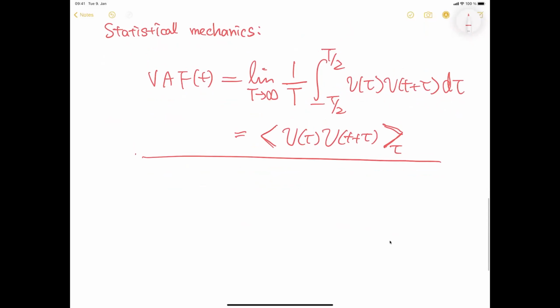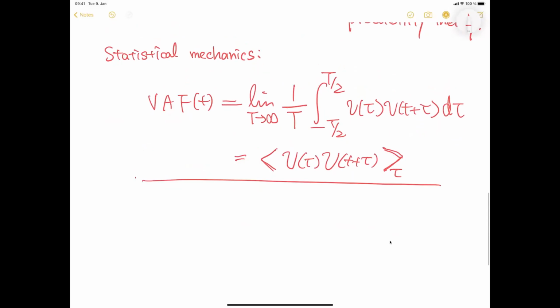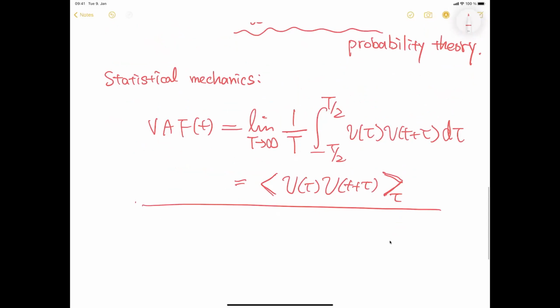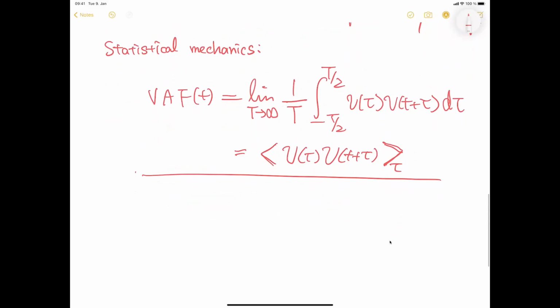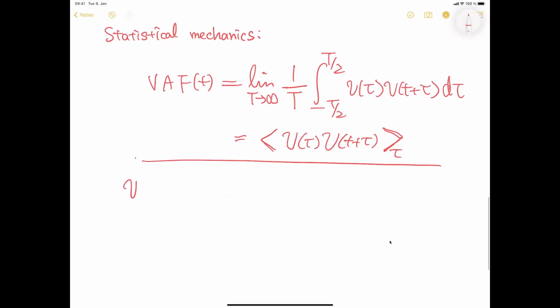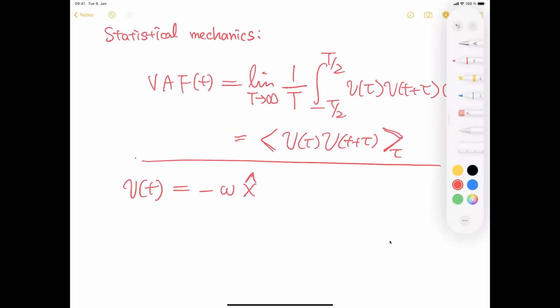Now we already have the definition of this velocity autocorrelation function, right? The next thing is we need to know what the velocity is. From part A, section 2.1, we already know that the velocity is nothing but minus omega x hat sine omega t.